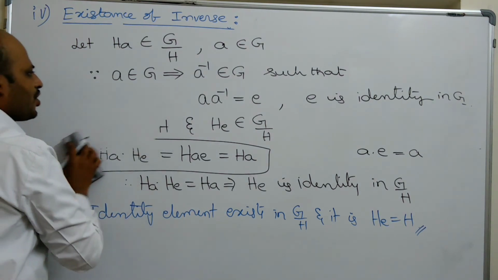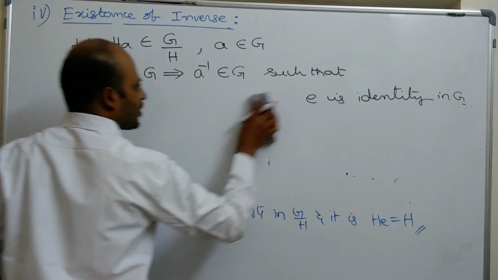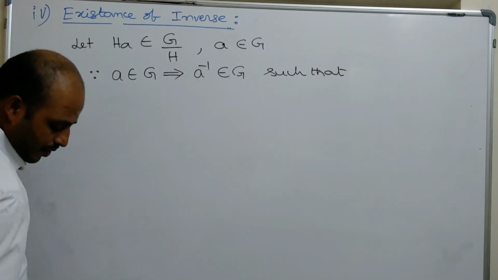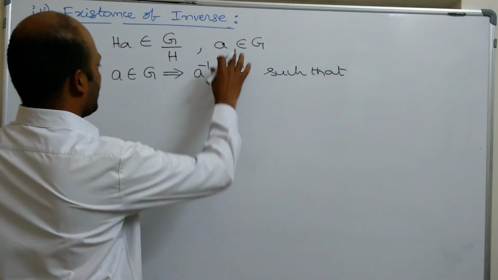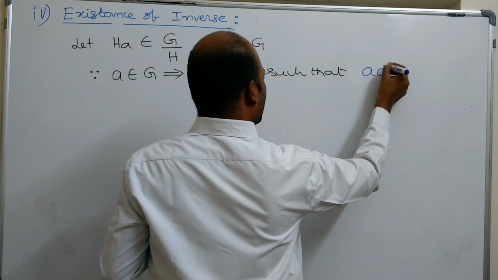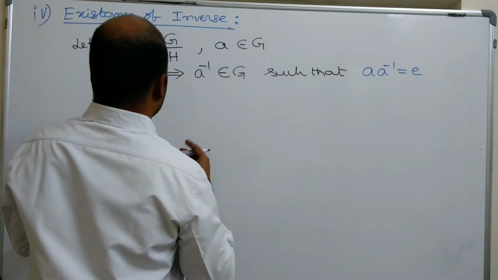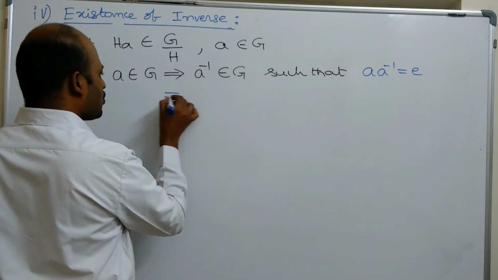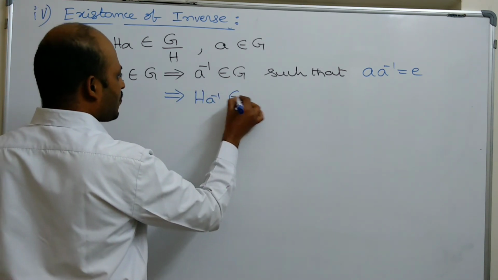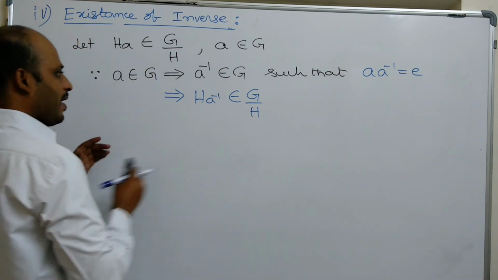Take an element Ha belongs to capital G, where a belongs to capital G. And a implies a inverse also belongs to G, such that a into a inverse is equal to e. A inverse belongs to G implies Ha inverse belongs to G by H.